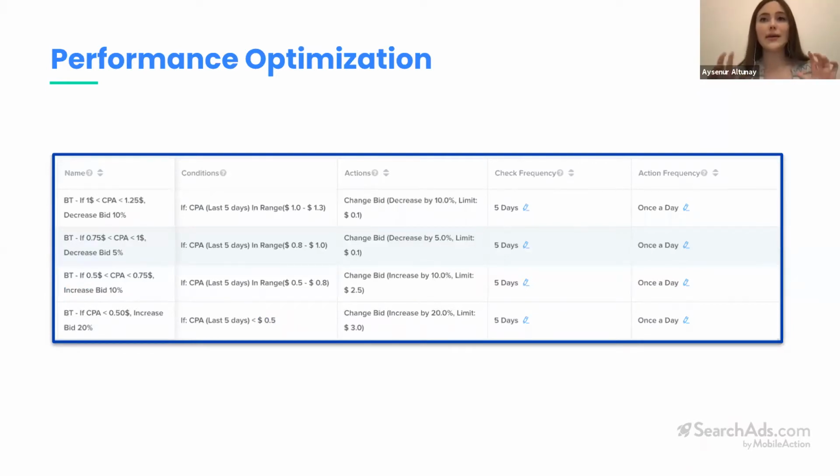So here is a basic example of a CPA based, cost per acquisition based automation set that we are using for one of the apps that we are working with. This is an automation set that we are actually using. And I want to briefly mention what to pay attention to while setting these sets of automations.